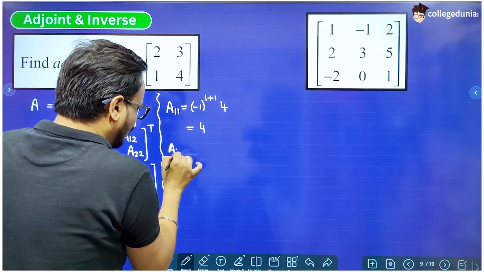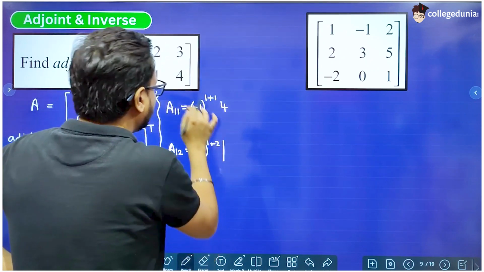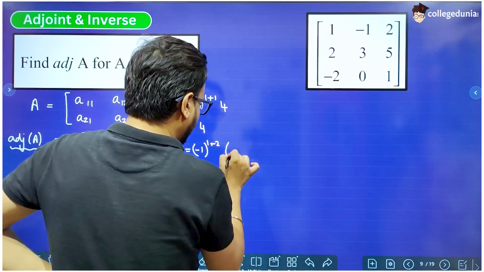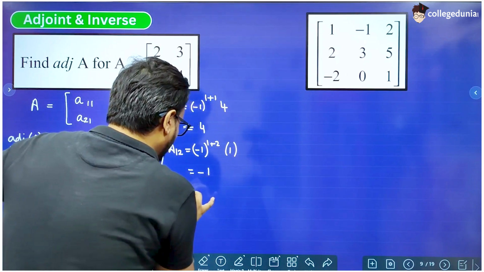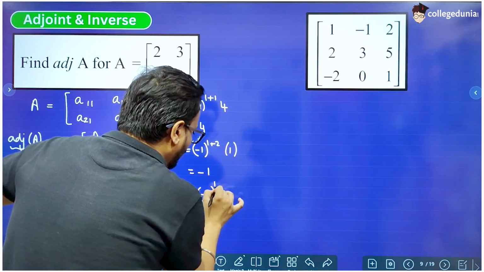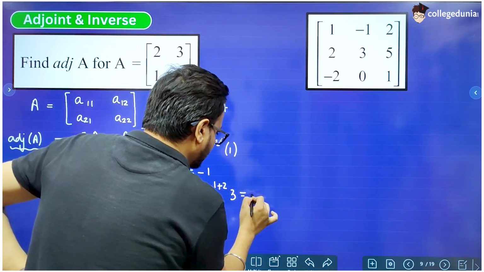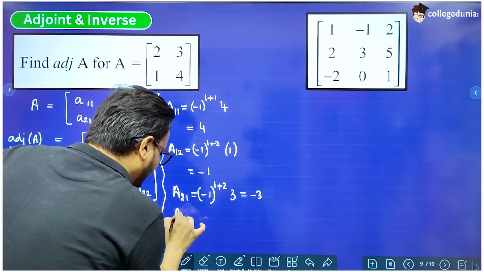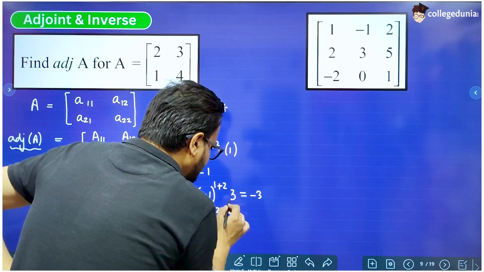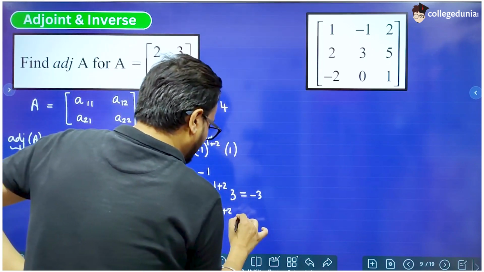And cofactor of 1 2 is -1 to the power 1 plus 2, leave this row and this column and you will get 1, so it is -1. And cofactor of 2 1 is -1 to the power 2 plus 1, leave this row, this column and you will get 3, so this is -3. And cofactor of 2 2 is -1 to the power 2 plus 2, leave this row and this column and you will get 2, so it is 2.